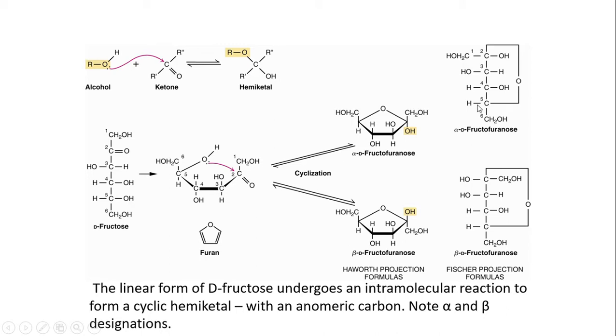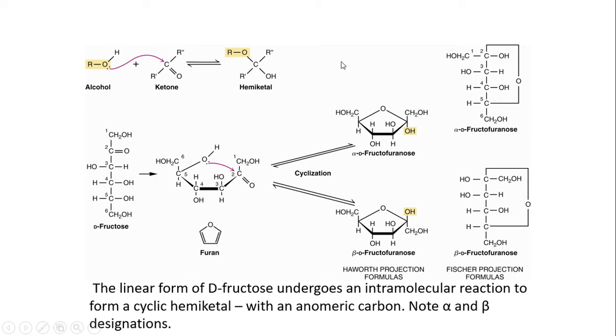In fructofuranose, this is the hydroxyl group on C5, but remember that our carbonyl group is on C2, so we have a reaction of the hydroxyl on C5 with the carbonyl on C2. As a result, we get a 5-membered ring here. I forgot to point out the number of atoms in the ring for the glucose, but you can go back and do that yourself. We have 1, 2, 3, 4, 5. So we have a 5-membered ring.